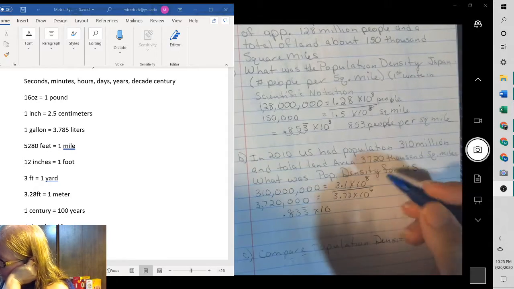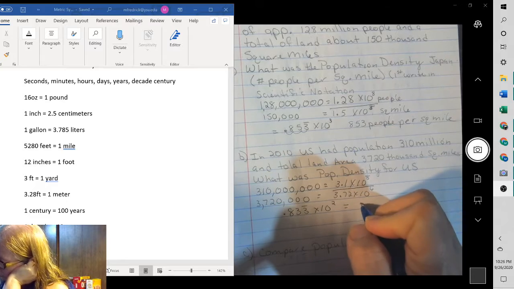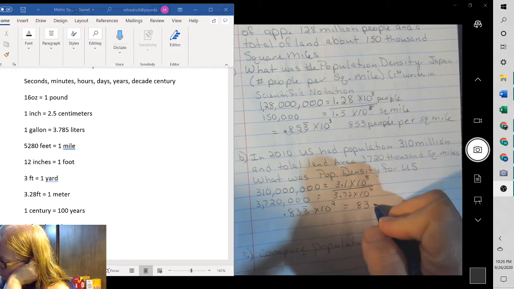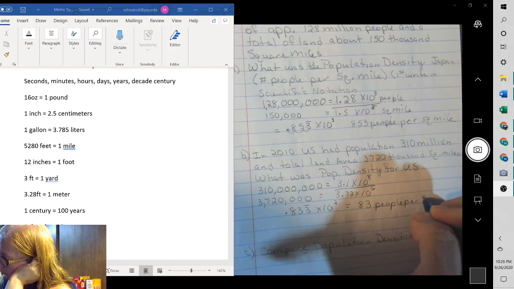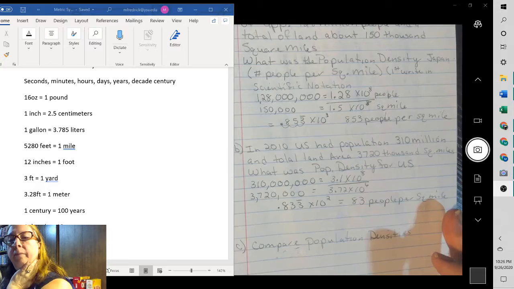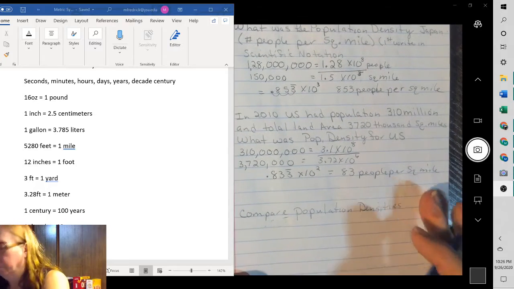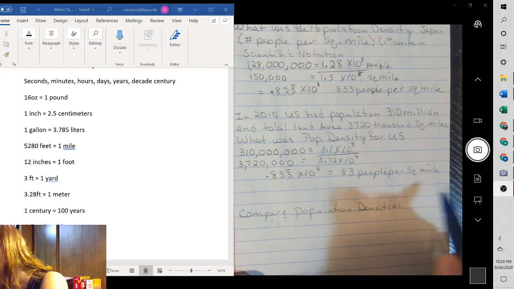Times 10 to that 8 minus 6 is 2. So it's 83 people per square mile. So in the United States, we have 83 people per square mile.